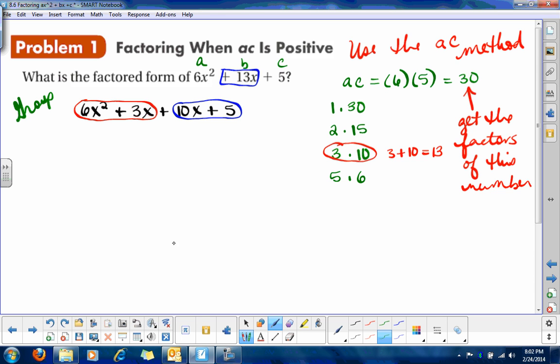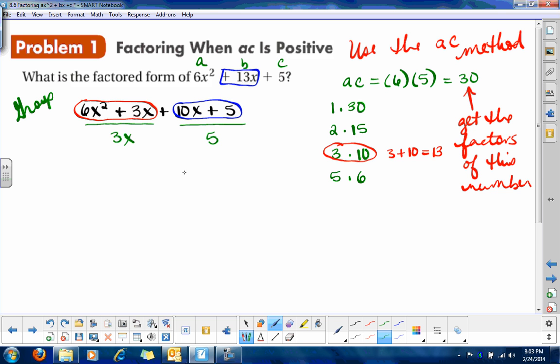So now, once we have grouped them, we're going to factor out the greatest common factor of each pair. So here, for 6x squared plus 3x, the greatest common factor is 3x. For 10x plus 5, the greatest common factor is just 5.